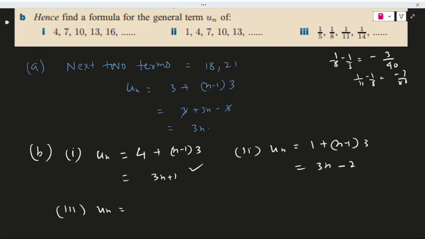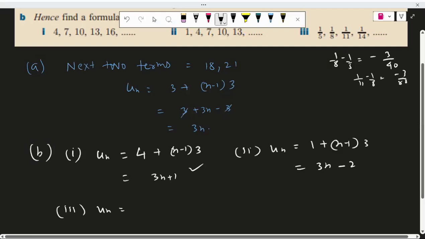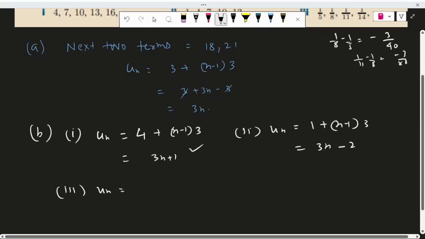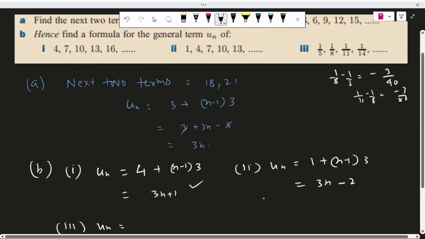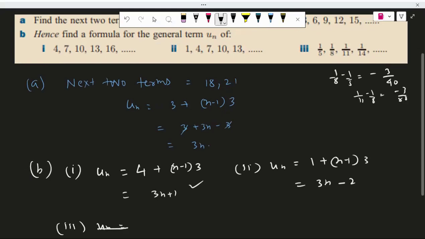See, here the nth term can be obtained just by observation. What about the first term? We have 1 over 5, and then we have 1 over 5 plus 3.